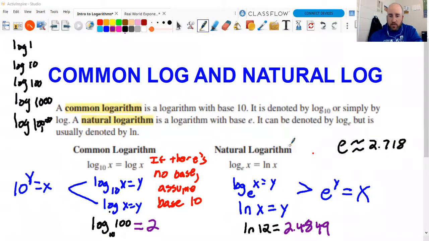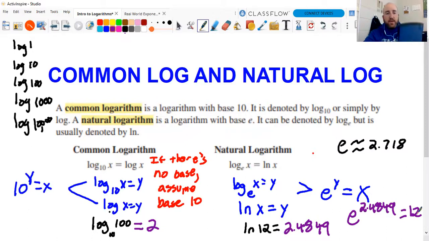If you wanted to check it to be sure, really what you're saying at this point is, this was my y, this was my x. So, comparing it up here, we're saying e to the 2.4849 exponent is equal to 12.